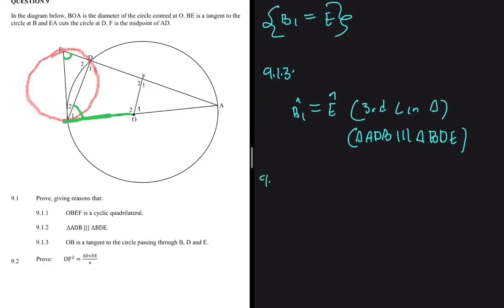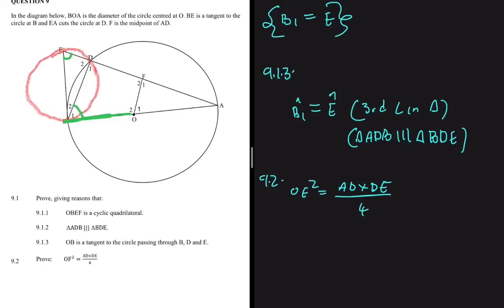And now we can do 9.2, right? So 9.2 says let's prove that OF squared is equal to AD, not triangle D, but AD multiplied by DE divided by 4. So as soon as you see a question asking you to prove something like this, it's either you have parallel lines or you have similar triangles.